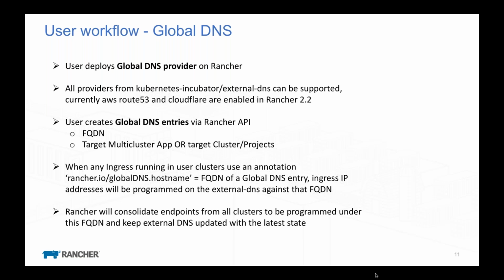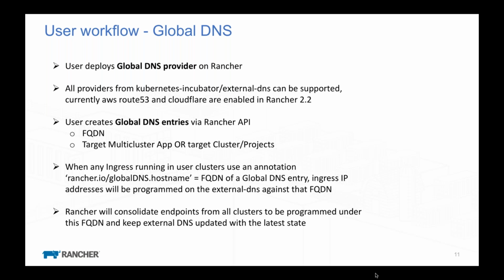Then the global DNS entry is another record that the user needs to create via the Rancher UI or API. Here, the user provides the FQDN of their choice and also specifies the target multi-cluster app that this global DNS entry will be targeting. Or, instead of the multi-cluster app, they can specify the target clusters or projects that this global DNS entry will be programming for.